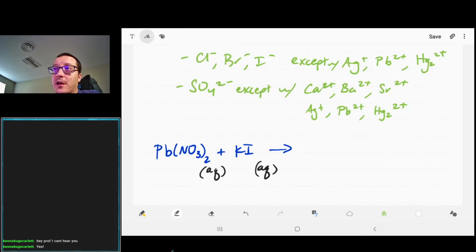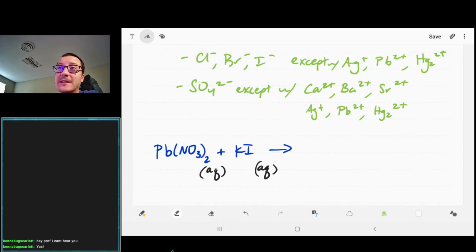But predicting the products is where we're going to want to focus our energies. As we can see here, I've just given you reactants. So if we wanted to figure out the states of matter for our products, we first need to figure out what those products are, right?